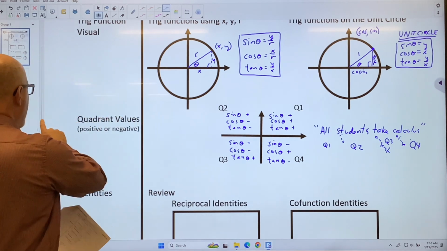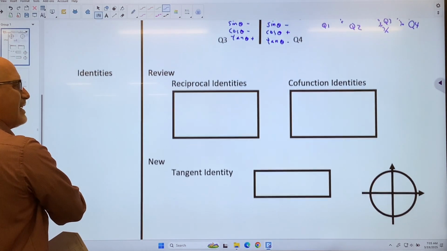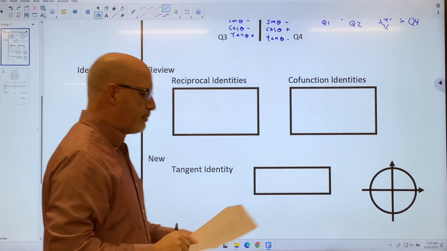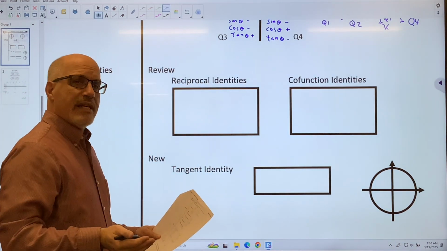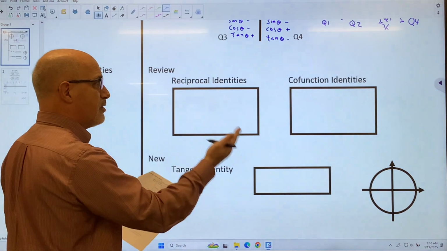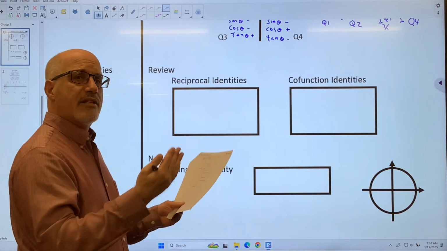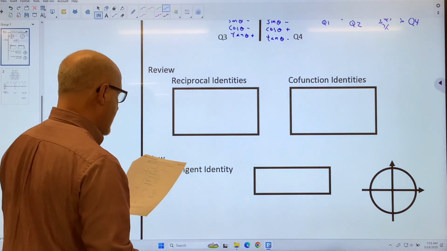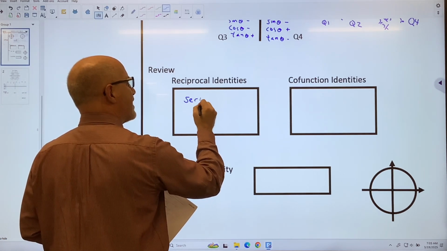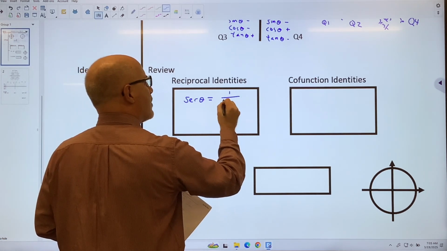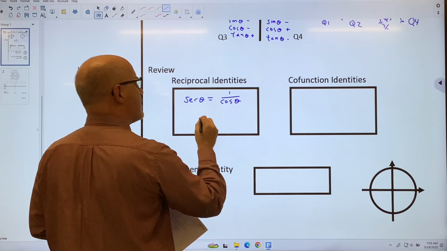All right, let's keep going on this. Now these are review of identities that we've already talked about. These identities have to do with our x's and y's and things like reciprocals and why we call it cosine in relation to sine. So our reciprocal identities are that if you want to find secant theta, you take 1 over cosine theta. It's the reciprocal.